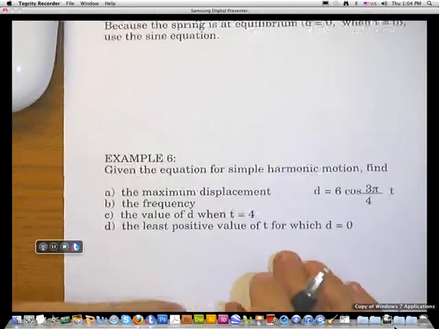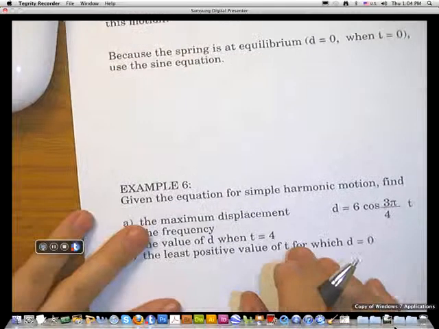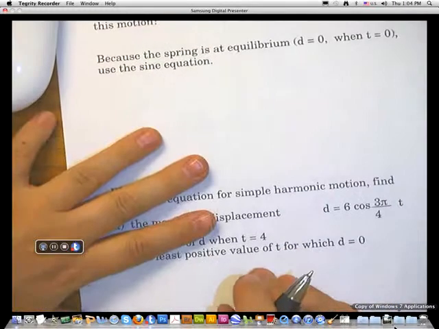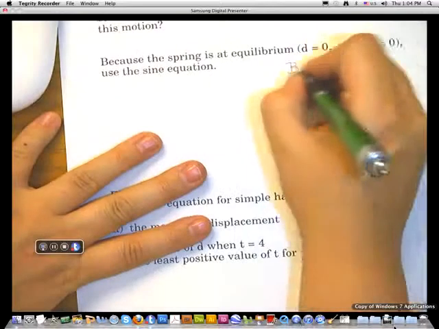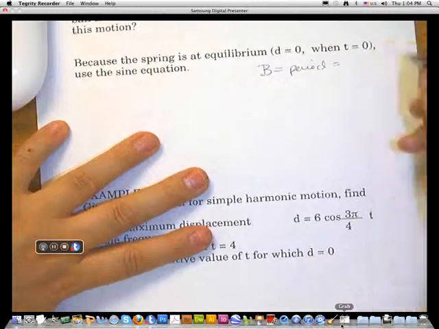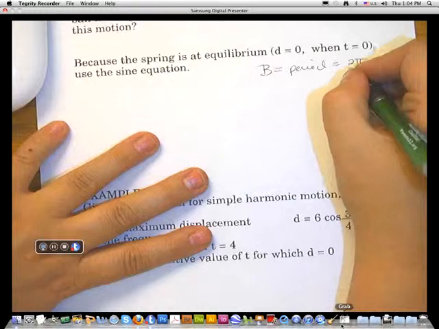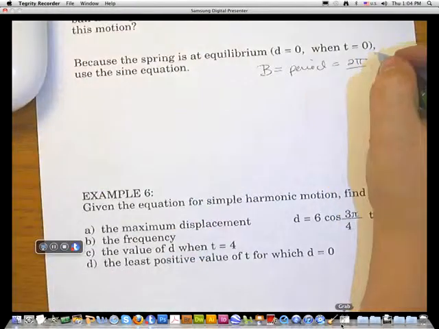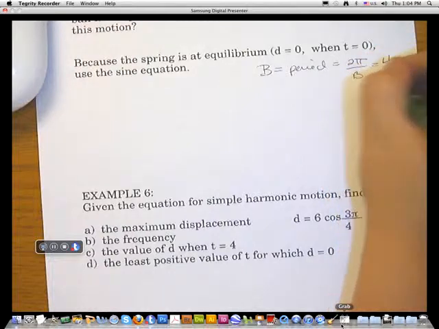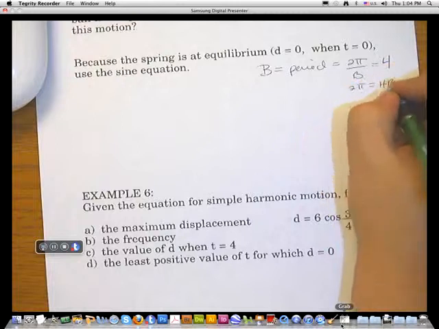Write the equation for the simple harmonic motion, and then what is the frequency. So if I know D is 0 when T is 0, I have to find B, or my period. Period is 2 pi divided by B, which is 4. So 2 pi is 4B.